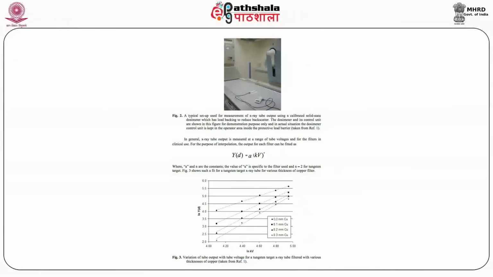Very specifically, various examination techniques are employed in X-ray diagnostic radiology. This includes fluoroscopy, interventional radiological procedures, mammography, computed tomography, and dental and general radiography. X-ray beams with tube voltages ranging from 20 to 150 kV are used, as we discussed earlier.